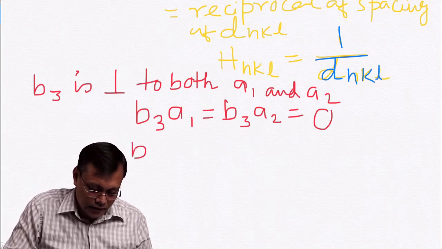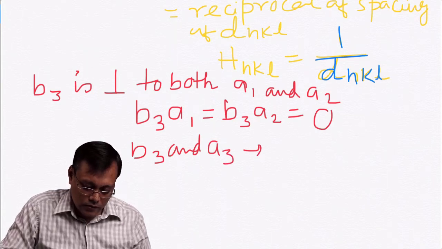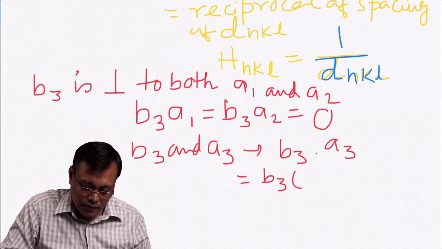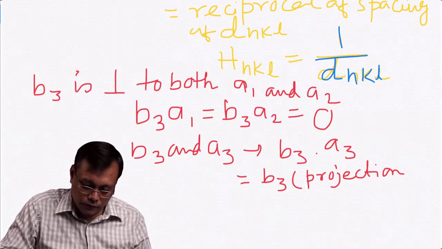So B3 and A3, if we simply put a dot product, B3 into A3 is equal to B3 into the projection of A3 on B3.